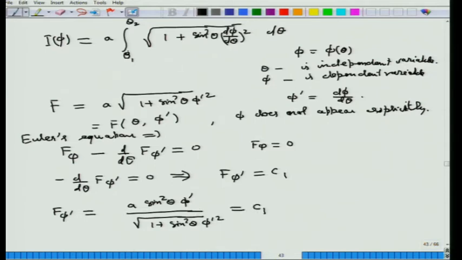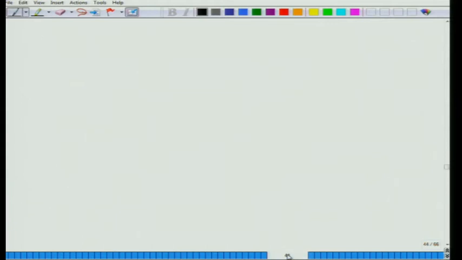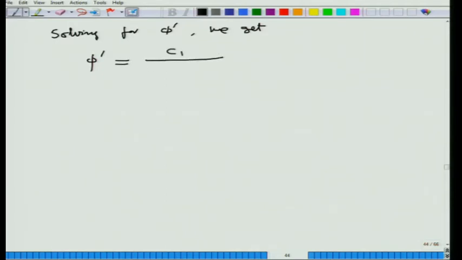So, simplifying this, squaring and solving it for phi prime, we get phi prime equal to C1 over sin square theta square root of a square sin square theta minus C1 square.